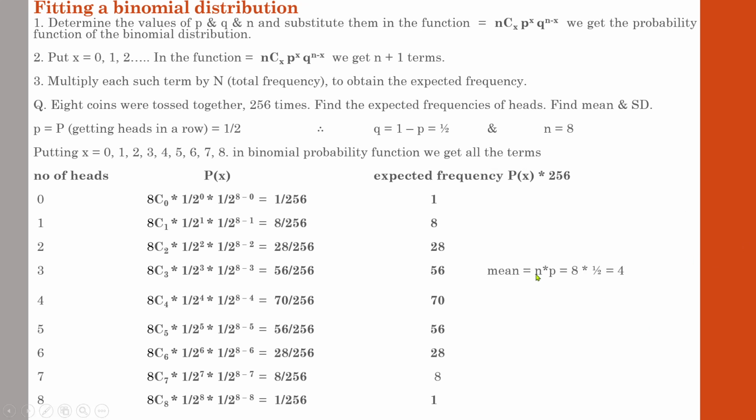We know that mean is n into p. We already found that n is 8. So n is 8 into p is 1 by 2, you will get 4. Next one, standard deviation. We know that the equation is root of npq, that is root of n is 8, p is 1 by 2, and q is also 1 by 2.